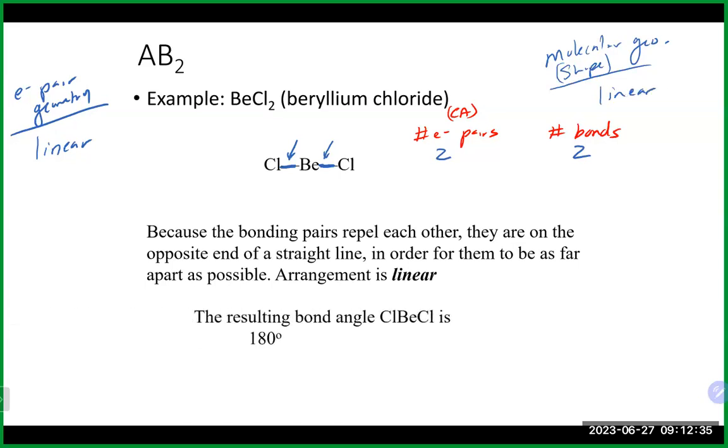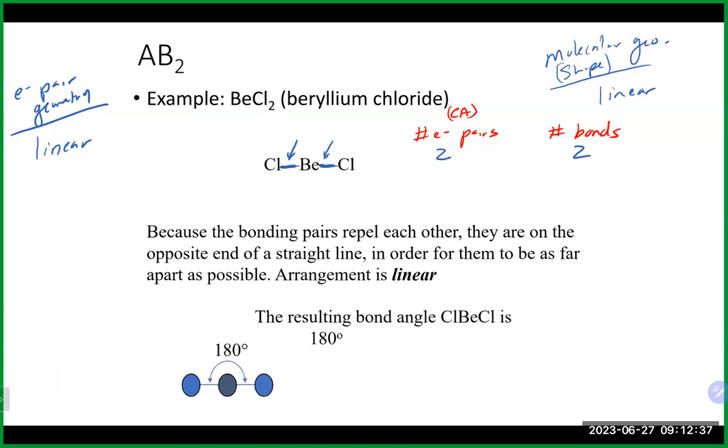It is basically a bond angle of 180 degrees apart from each other. The bond angle always goes with the electron pair geometry in most cases. And the electron pair geometry goes with the number of electron pairs around the central atom.